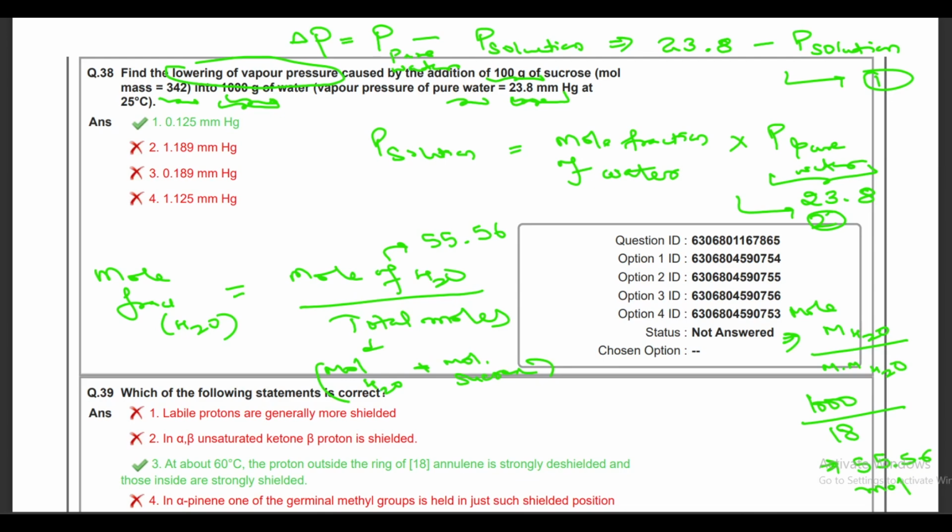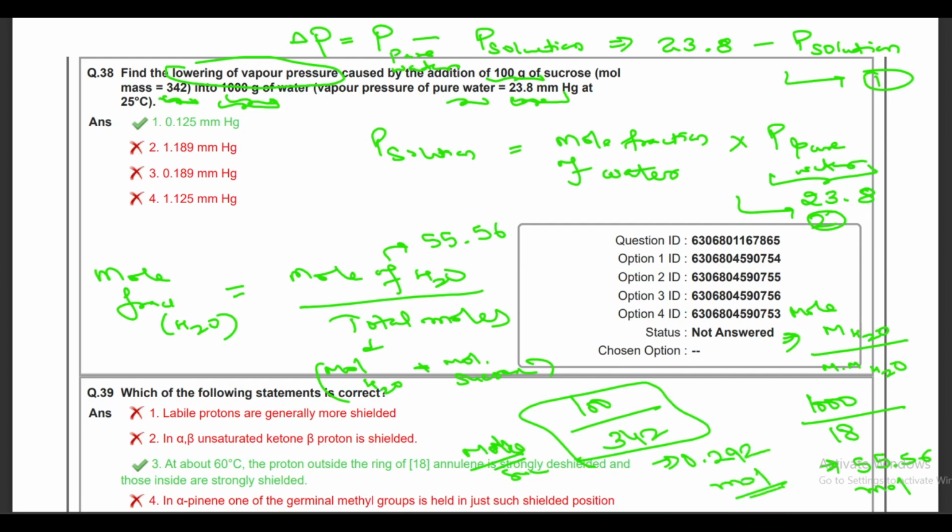Clear? Its molar mass is given, that is 342 and mass is 100. So you divide 100 by 342, and when you solve it, you will get 0.292 moles. So this is the number of moles of sucrose.